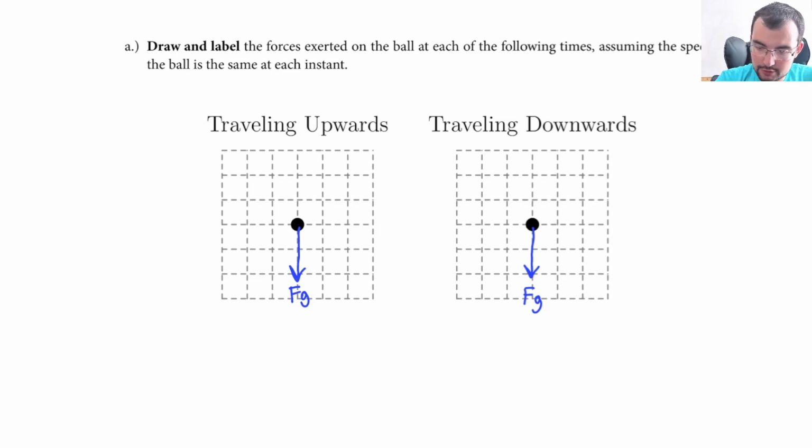So if we're traveling up, meaning the ball is moving up, there would be a drag force down. And then if we're traveling down, there is a drag force opposing that, so the drag force would be up.